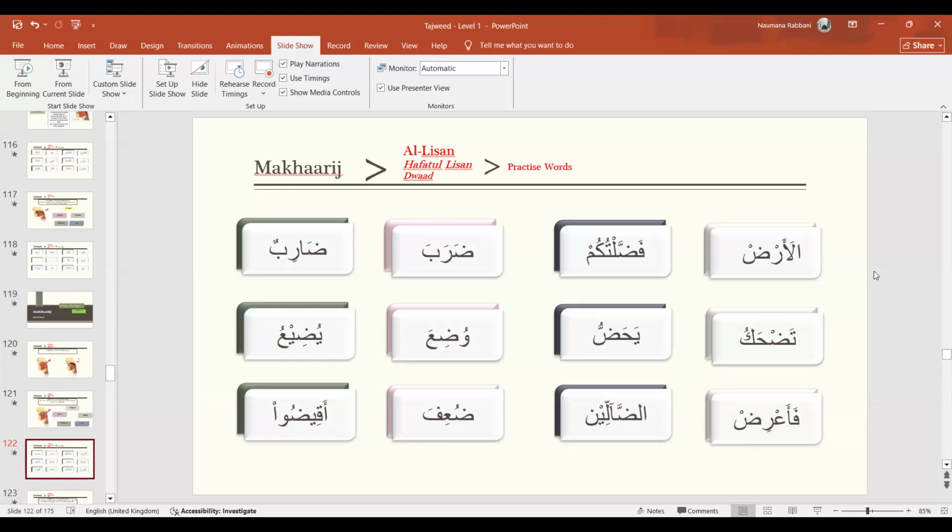And the next thing is motivation, subhanAllah. This is the speech of Allah subhanahu wa ta'ala. So we need to try to the best of our capacity. فأعرض. رض. ضاد. It takes time, but inshallah, you just put in effort.